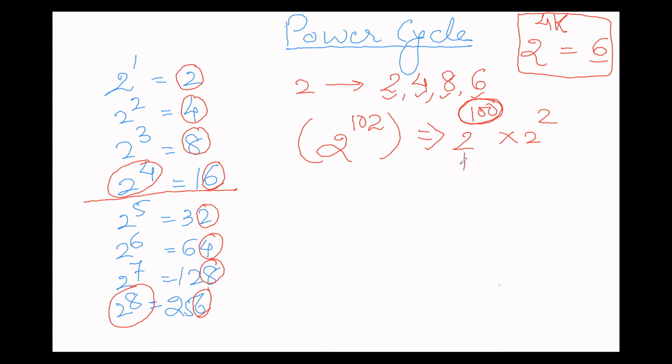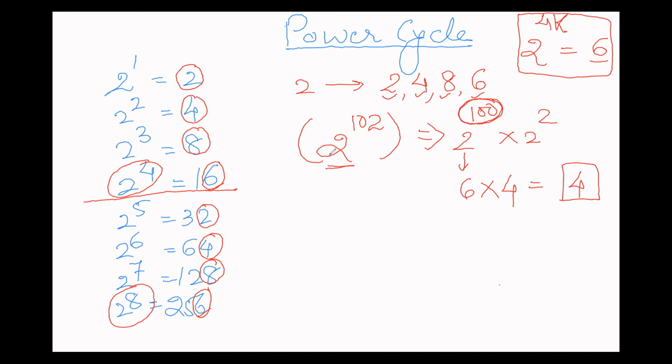I will get 6 at the units place when I actually expand 2 raised to power 100. I will get 2 square, that means 4 at the units place, and 6 into 4. Finally, I can say I will get 4 at the units place when the given number is 2 raised to power 102. Seems to be very interesting. So this is just the power cycle of 2.